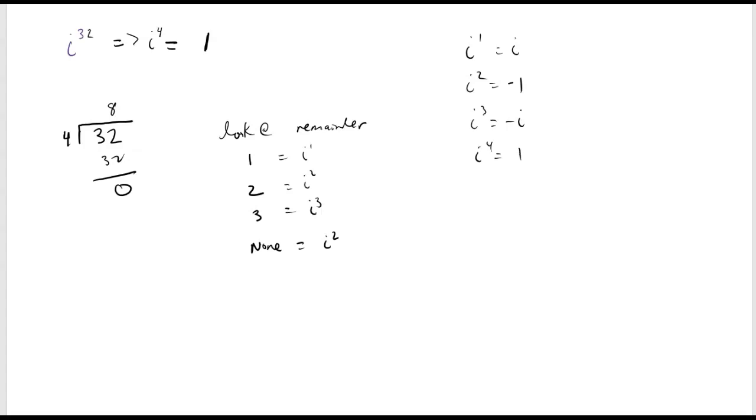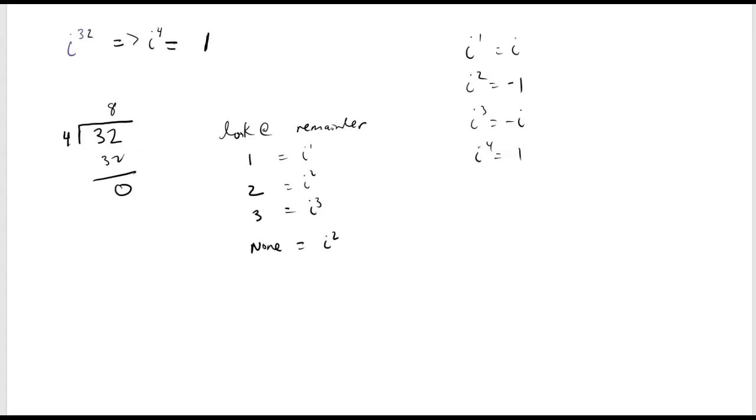So I could go 4, 5, 6, 7, 8, up to 16, and I can continue this pattern until I get to 32. But that seems excessive and long. So if we can just remember to divide everything by 4 and look at the remainder, we have an idea of what is happening.